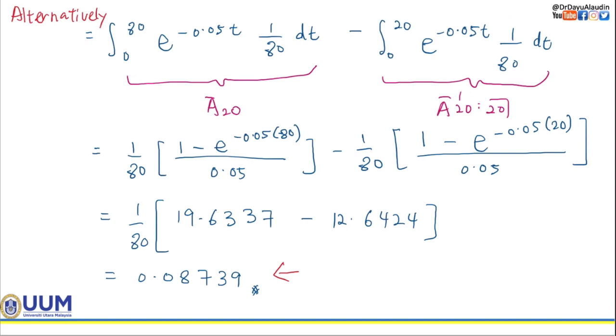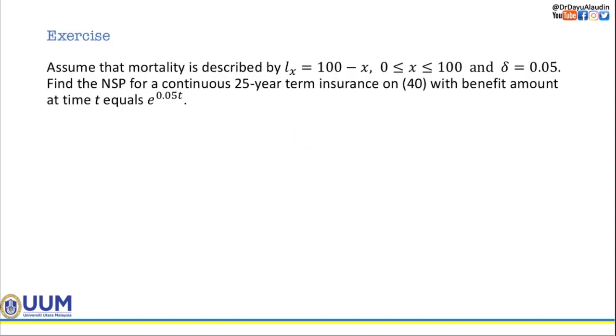Now we look at the exercise. This exercise is about term insurance for the case of increasing benefit, because the benefit is equal to e^(0.05t). In the examples, we used a benefit equal to 1 ringgit, so a constant.